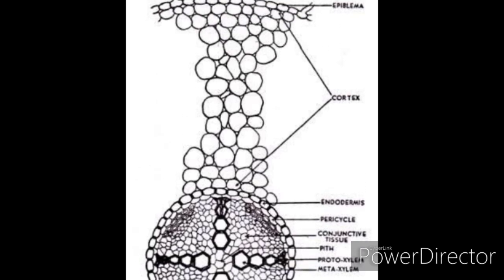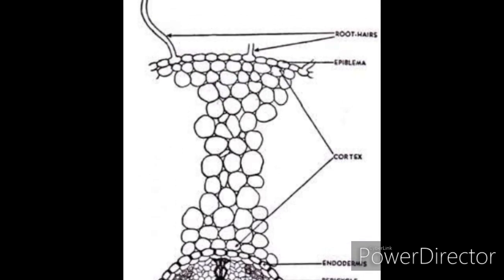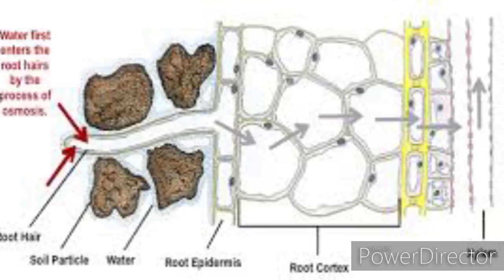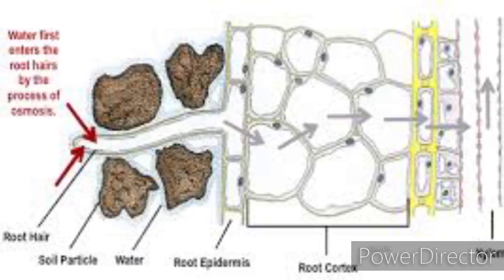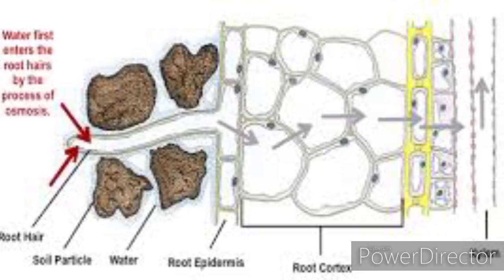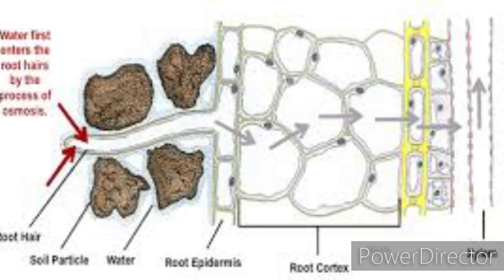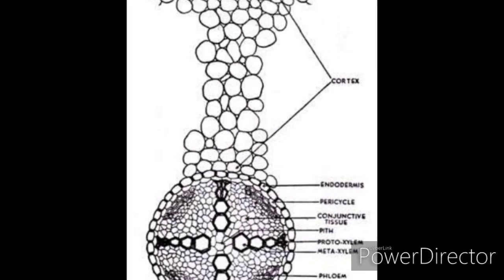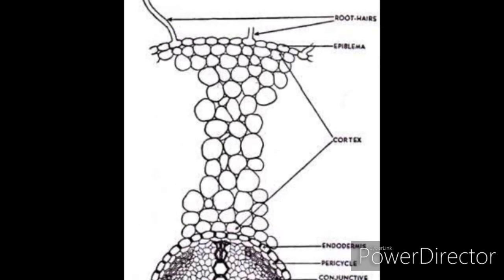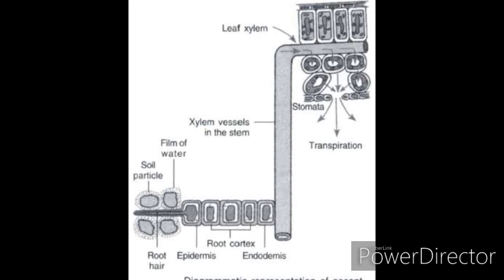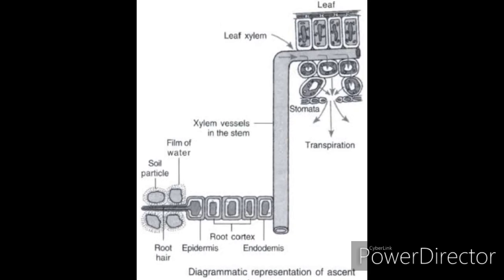Inside the cortex cells, this water moves by the process of cell to cell osmosis. That is, the water from the higher concentration moves to the lower concentration, that is the next cell, through the semi-permeable membrane, that is osmosis, till it reaches the xylem vessels, the central part of the root.